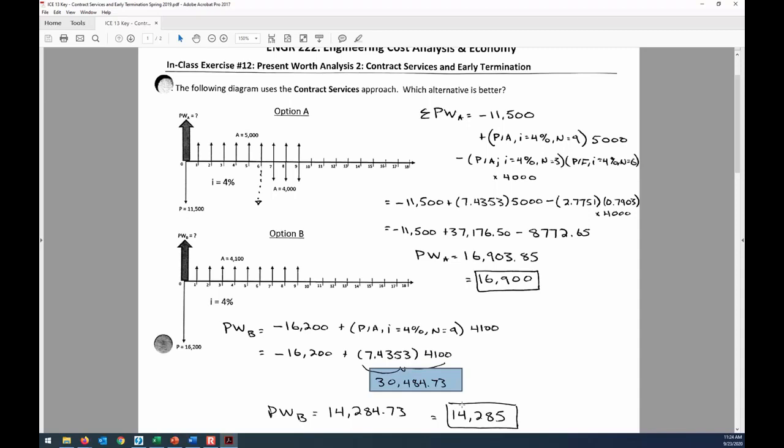So which option should we select? Whichever one is going to give you the most profit. You know, that's what this company is in business trying to do, is generate profit. So option A has a larger present worth. We've discounted everything at the MAR. The MAR was 4%.